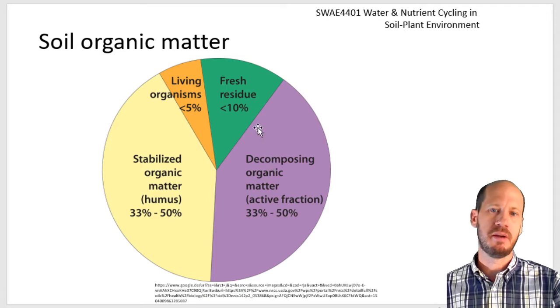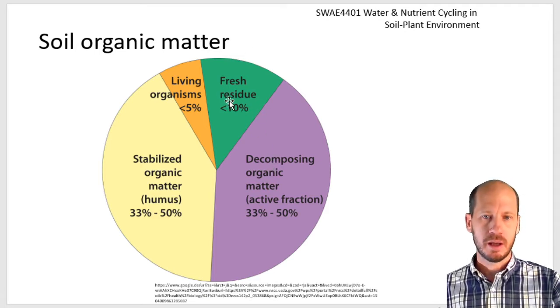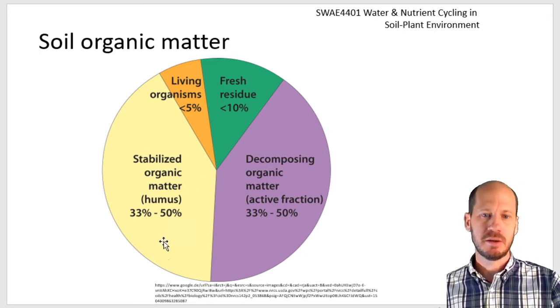We have fresh residue, like the rest of the crops left on the field, the litter. We have living organisms. We have decomposing organic matter, which is in some state of decomposition. And we have stabilized organic matter in soil, also known as humus.